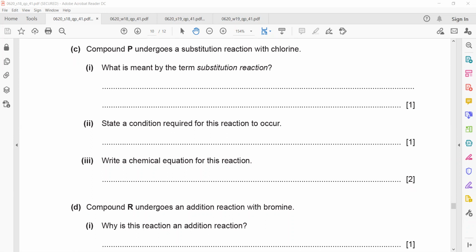Here you have to write a proper definition. So when an atom or group is replaced by another atom or group of atoms, we use the term substitution.